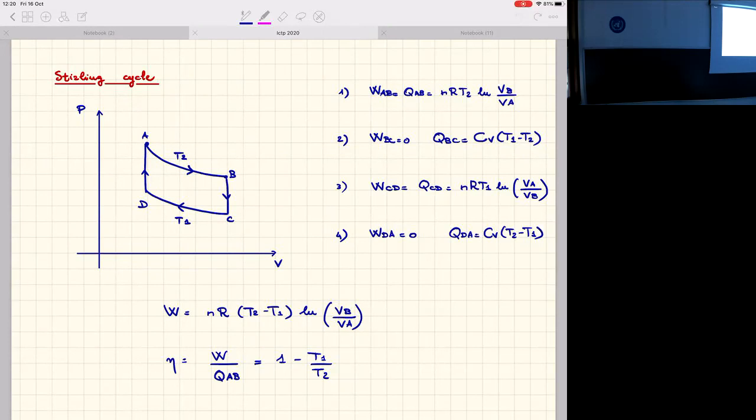Yeah, he's asking why in the denominator here you take only W over QAB, not also over QBC and QDA, or the difference or whatever. Let me think about it. It's not clear to me at the moment. How do you derive the QBC? The QBC is just the difference in internal energies, right?